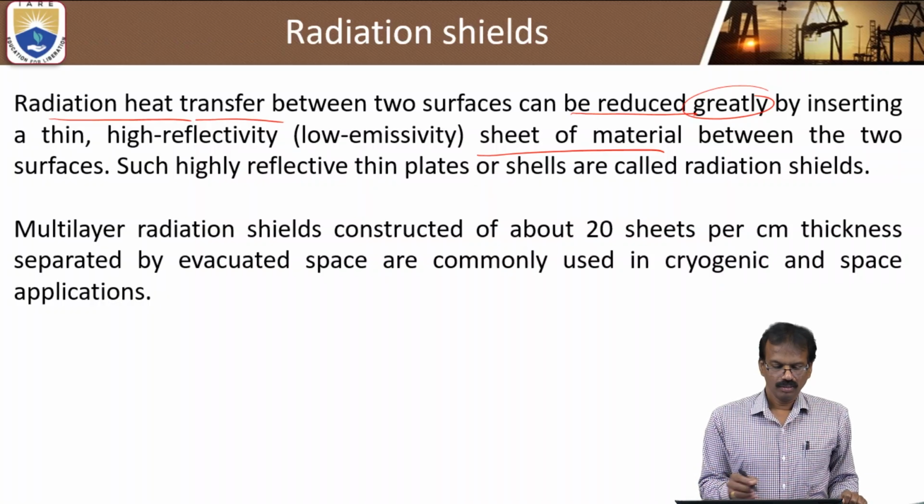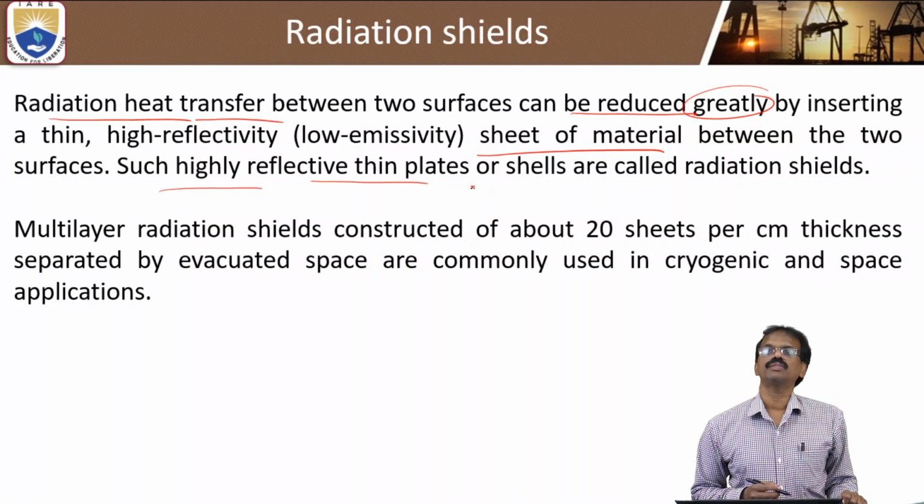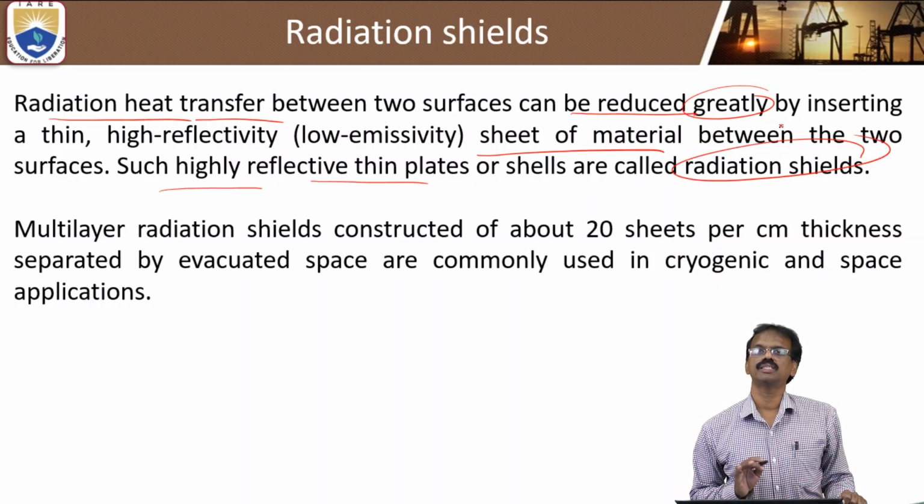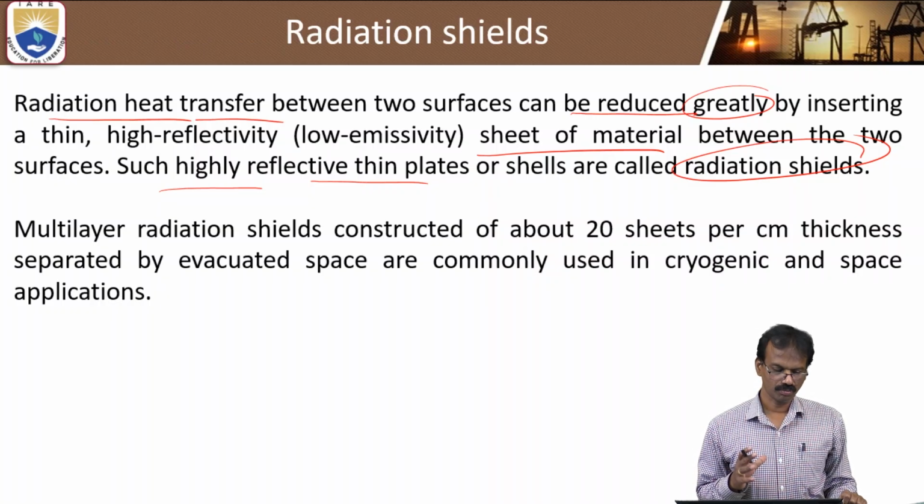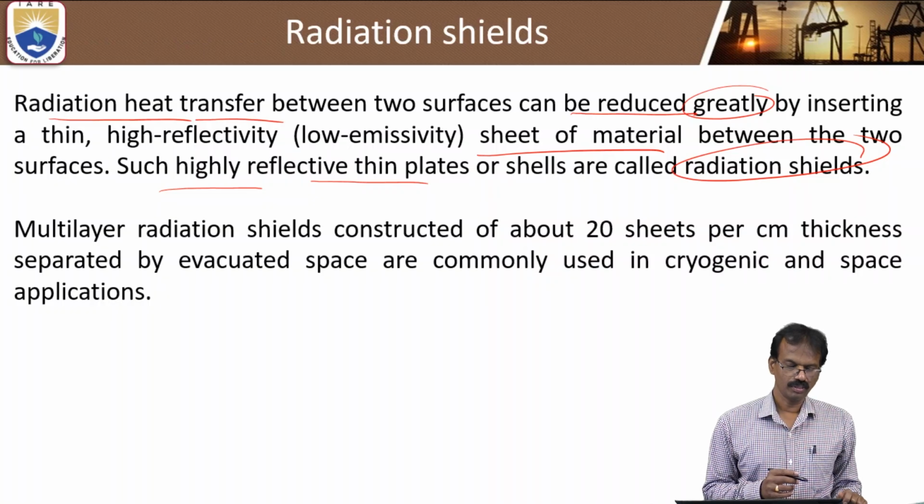Such highly reflective thin plates or shells are simply called radiation shields. Shields oppose the heat transfer process.